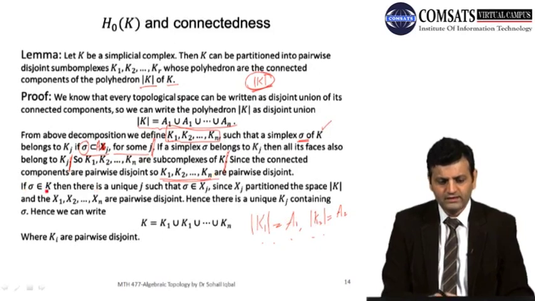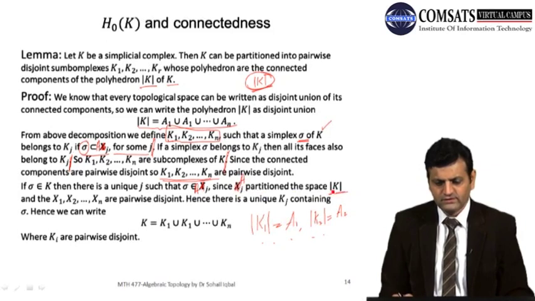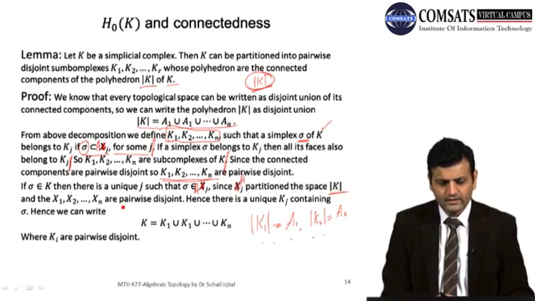If sigma belongs to K, then there is a unique j such that sigma belongs to Aj, since the Aj partition the underlying space of the simplicial complex K. A1, A2, up to An are pairwise disjoint, hence there is a unique Kj containing sigma.